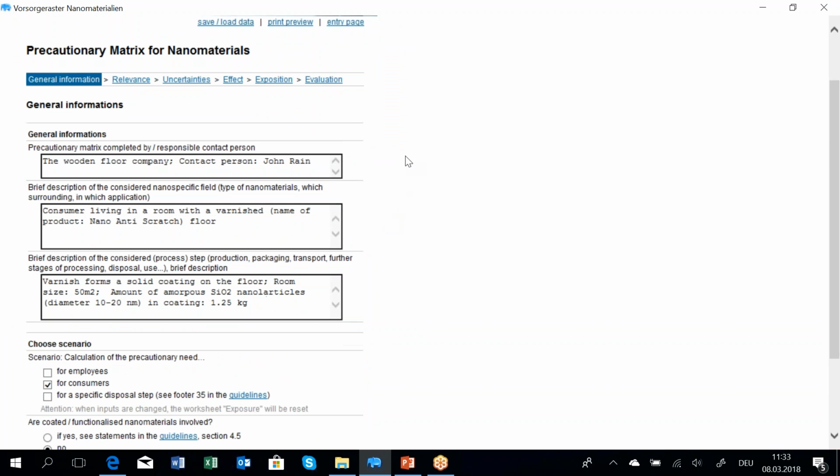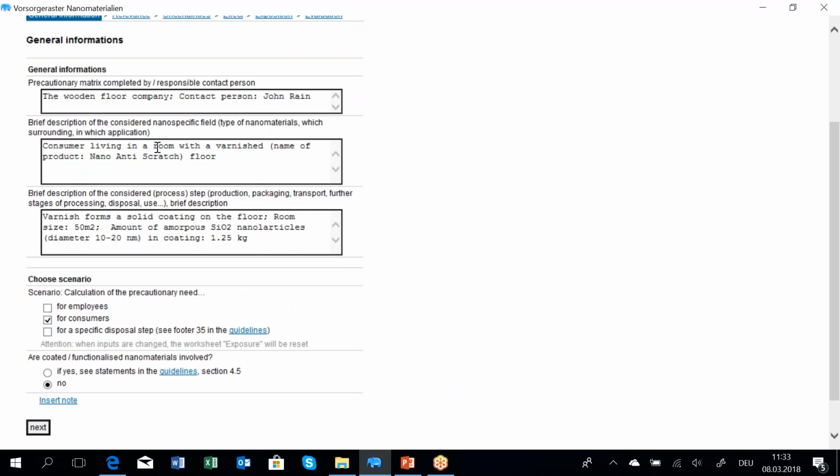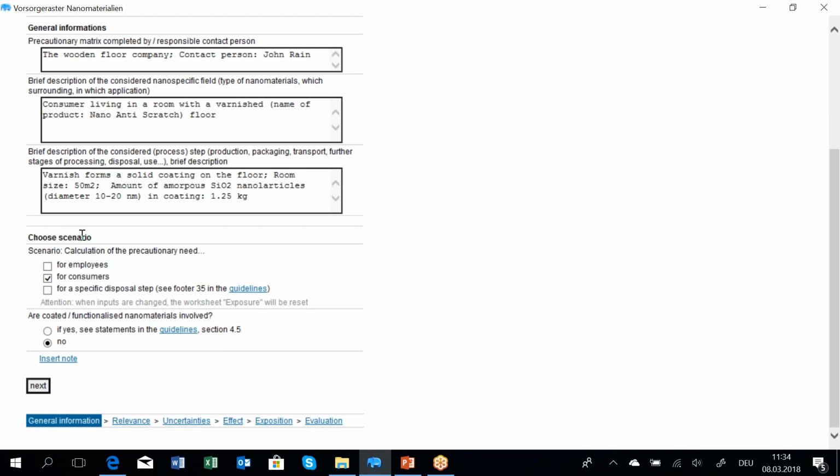The information we will have to fill in would be the same as for the worker assessment: the company and also the contact person are the same. The brief description, the considered nanospecific field and also the considered step are the same. We changed the chosen scenario here.